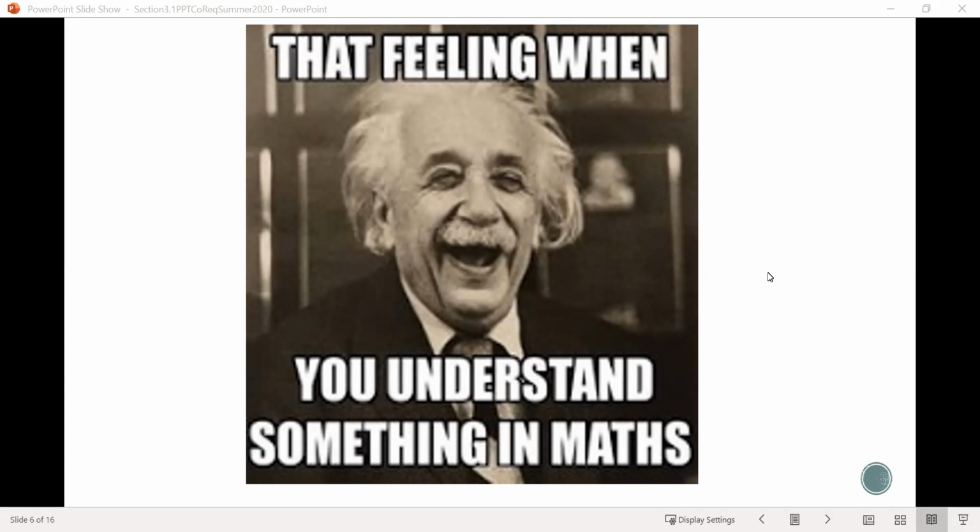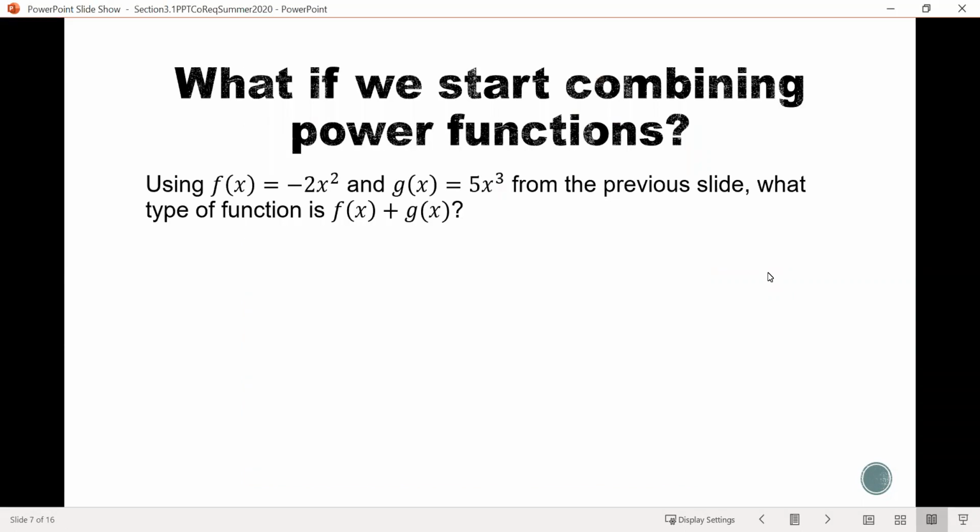We've learned about power functions in the first part of the video, so we're going to take that a little step further in this next part. Okay, so we're going to look at what happens if we start combining power functions. On our last slide of our last video, we had these two power functions, negative 2x squared and 5x cubed.